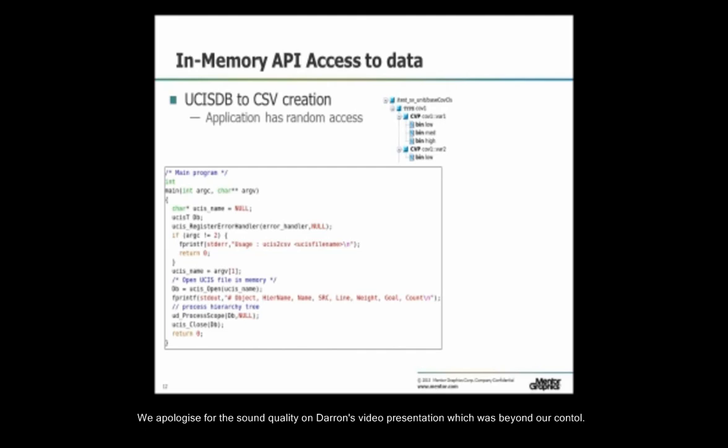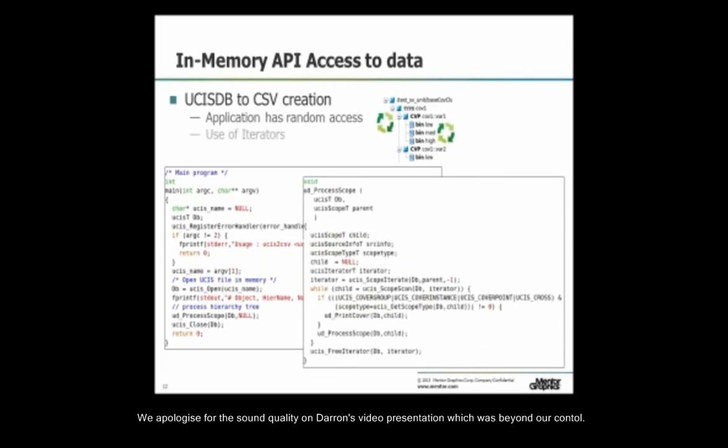So this is the standard UCIS code. We open the database. There's a print statement here that's printing the information that we're going to output about each of the objects in the database. So we're going to output its name and the source code that it comes from, the line of code it comes from, and its weight and goal and counts. And then this particular routine does all of the user calling and basically calls these iterators on each of the objects in the hierarchy.